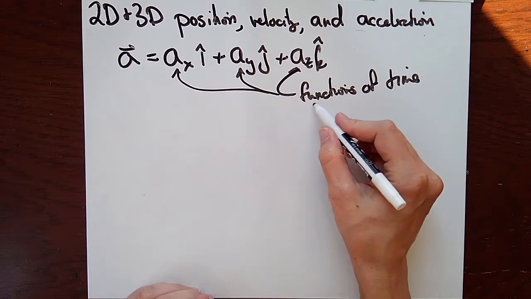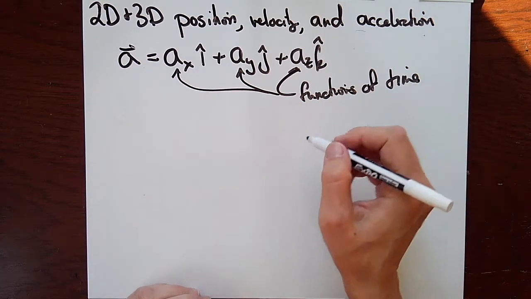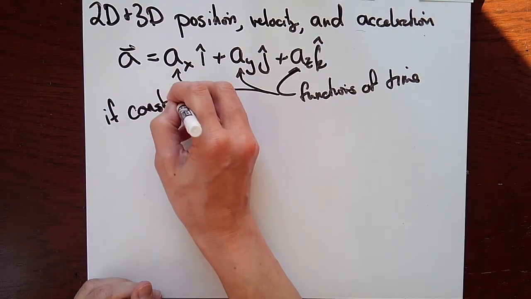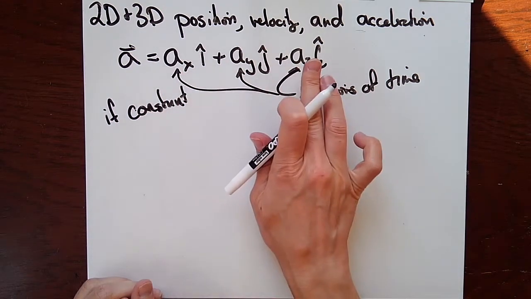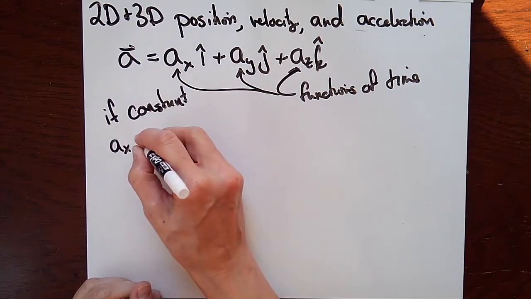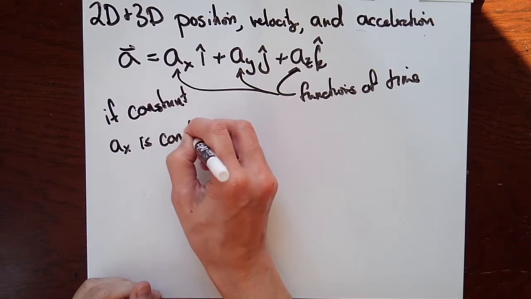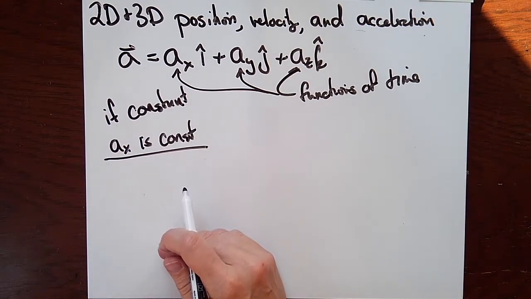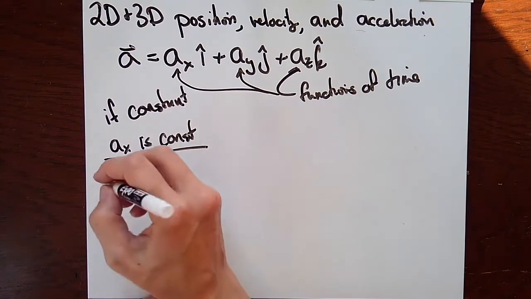But if they aren't just any old functions of time, but they are constant, and it doesn't have to be all three of them, it can be just one of them. If, for example, ax is constant, then you can use all of the constant acceleration equations only applied in x.